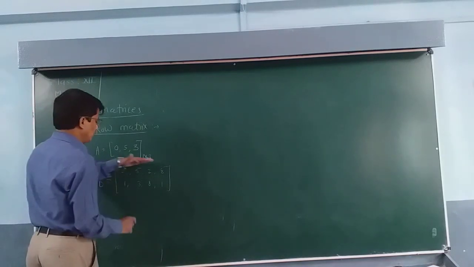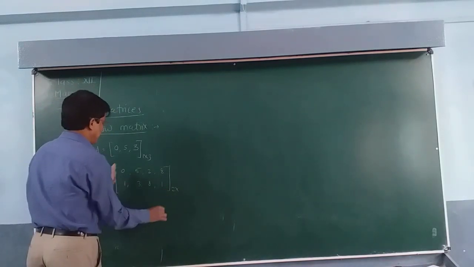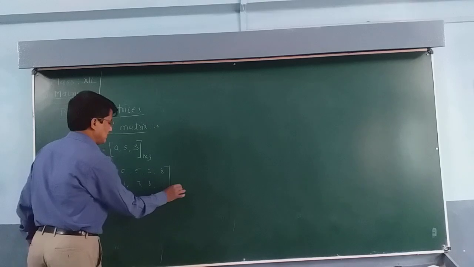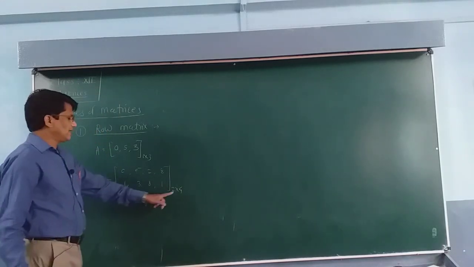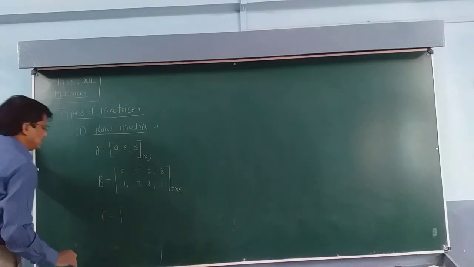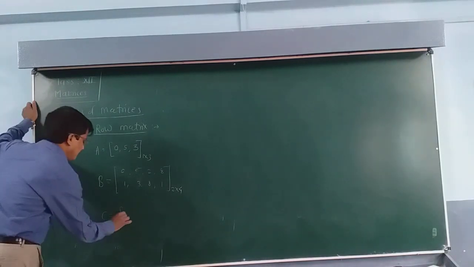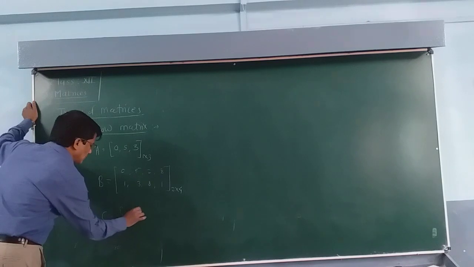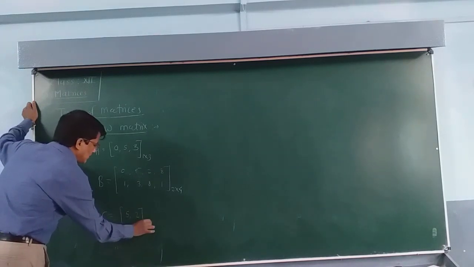The order is 2 rows and columns 1, 2, 3, 4, so this is order 2 by 4. Another matrix C equal to 5, 2. The order is 1 by 2.